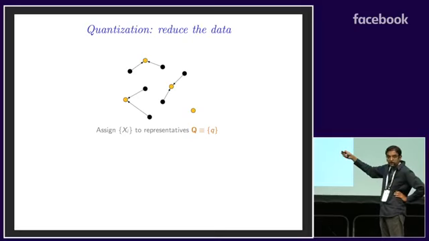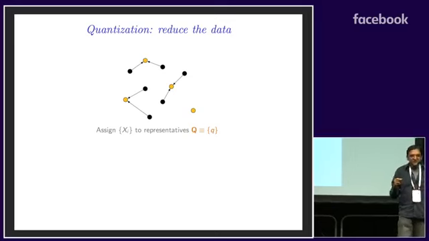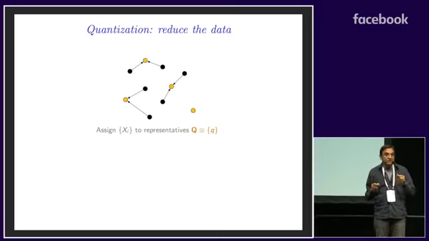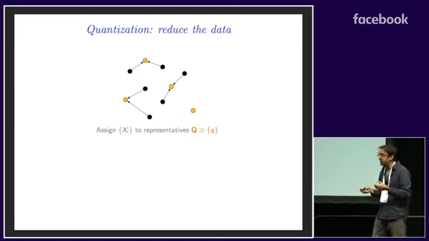It's sort of a Voronoi partition. And we replace this guy's label with the average of their labels. Okay? So we keep just a few of the points, but we tweak their labels. We replace their label with the average label of all the points that were assigned to them.